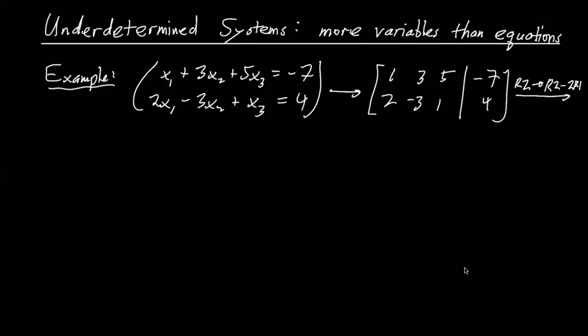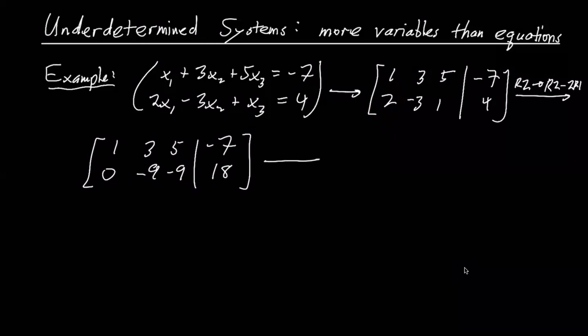That would clear out this 2 and make it a 0. So if we do that, check my arithmetic, but I got the following: minus 9, and 18. So subtracting twice the first row from the second.